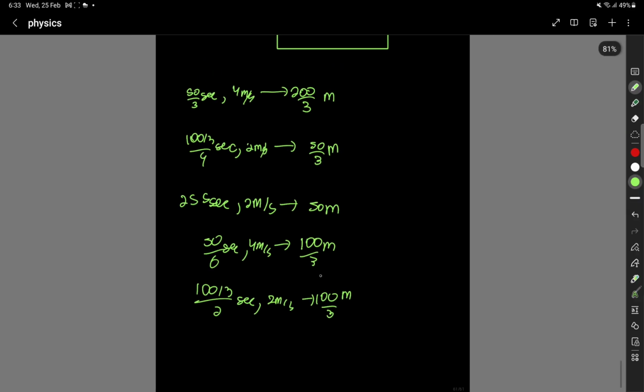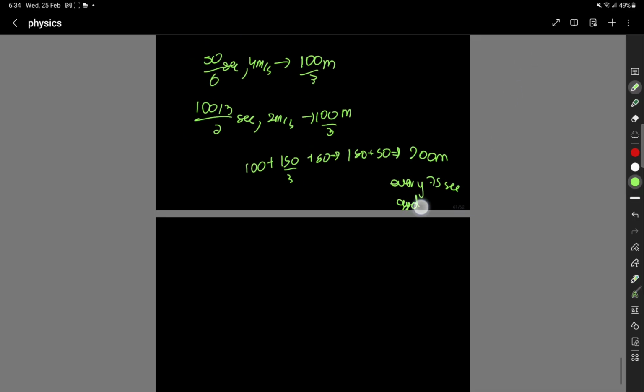So if you add it all up, you get 100 plus 150 by 3 plus 50. This comes out to be 150 plus 50, which is equal to 200 meters every 75 second cycle.